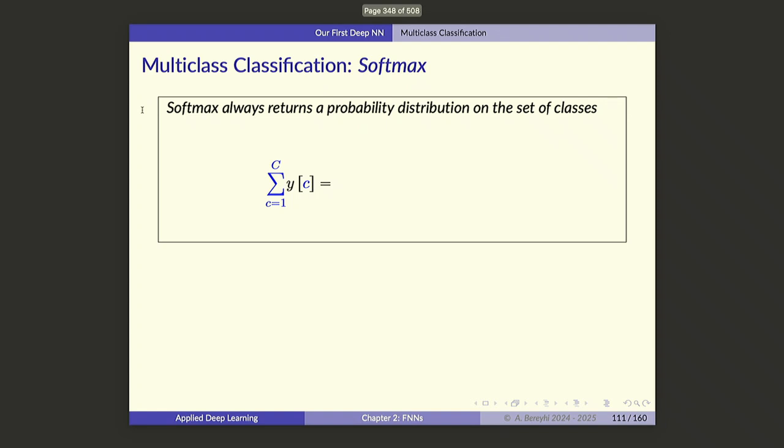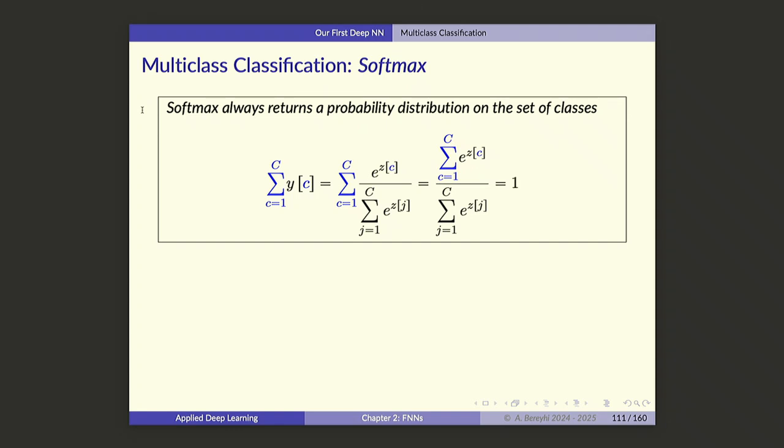And then you can simply say that if I add up all the y values, all the outputs of the softmax function for all the classes, then I'm going to have this summation running only over C. The denominator is not depending on the index I am summing over, so it's going to go in the numerator. And this is going to be 1, so this is going to add up to 1.